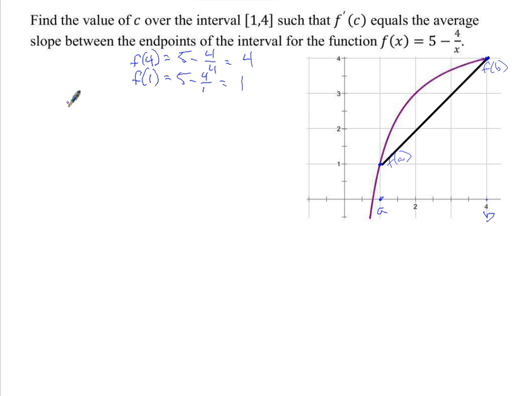So now remember that the mean value theorem is f prime at some value c is going to be equal to f of b minus f of a over b minus a. We can calculate this right now. So f prime of c equals f of b, which is 4, minus f of a, which is 1, over 4 minus 1.